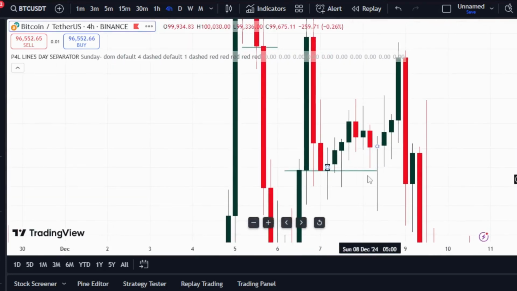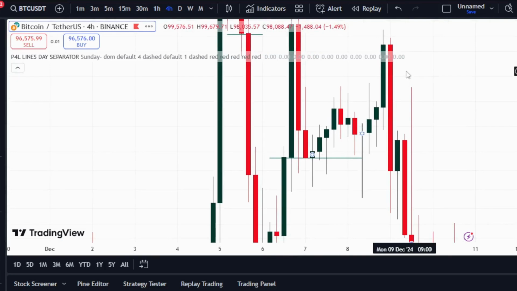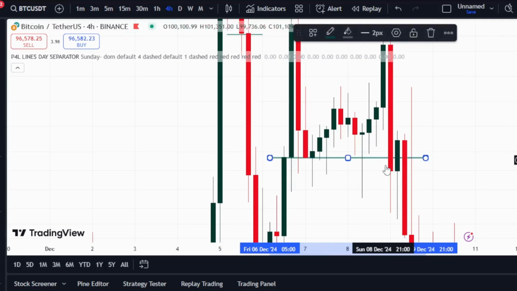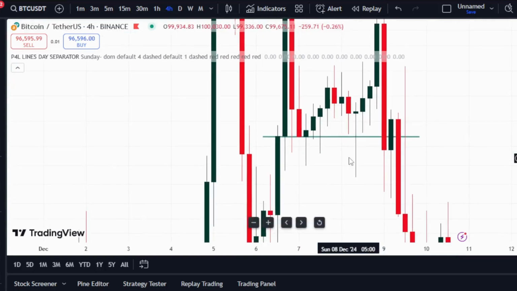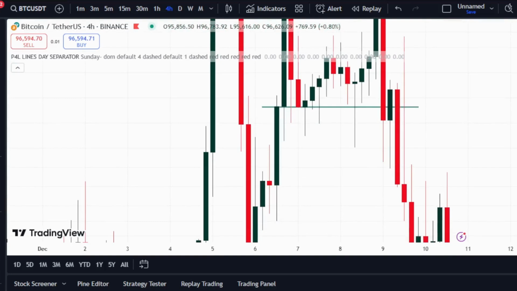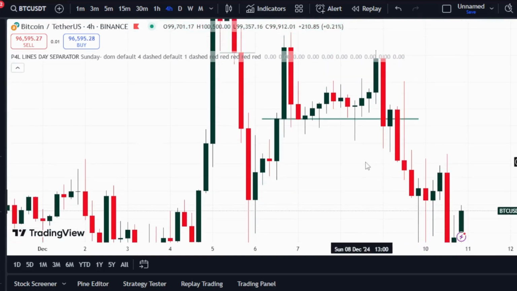Eventually, price still couldn't close. After how many attempts? 1, 2, 3, 4, 5, 6. You see, eventually price goes up before it finally came back to this place and was able to close. Until price closed below this, there was no chance for price to move downward.